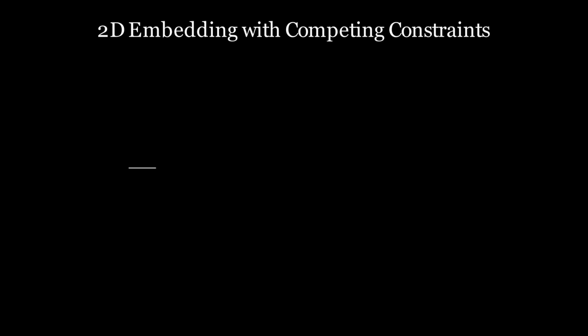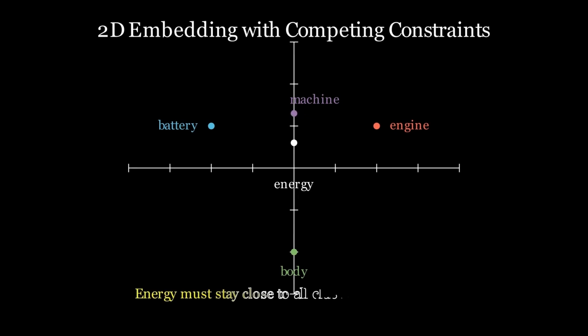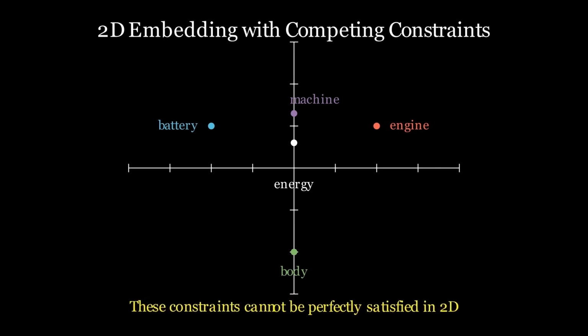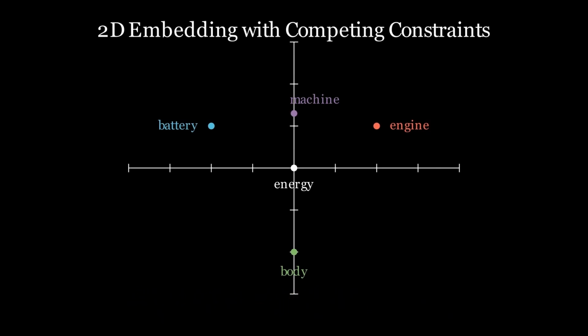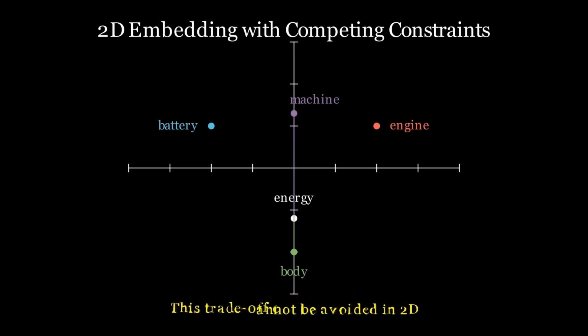Now let's add one more word, the word machine. The word machine should be close to battery and engine because engines and batteries are part of machines. At the same time, the word energy should remain close to all semantic clusters, but far away from the machine. In 2 dimensions, trying to satisfy all these constraints becomes difficult.